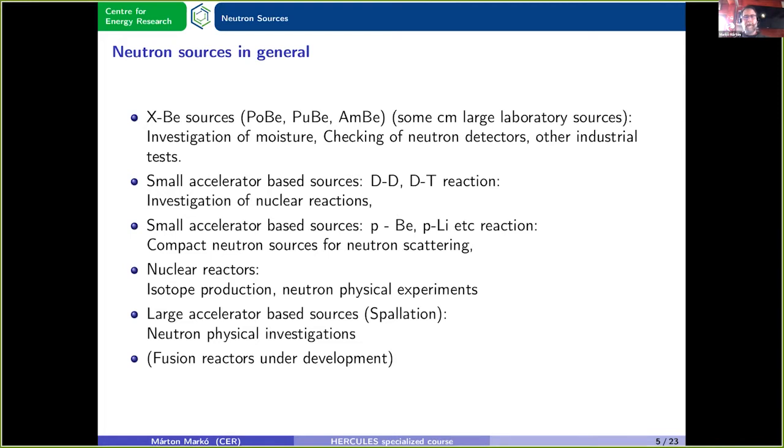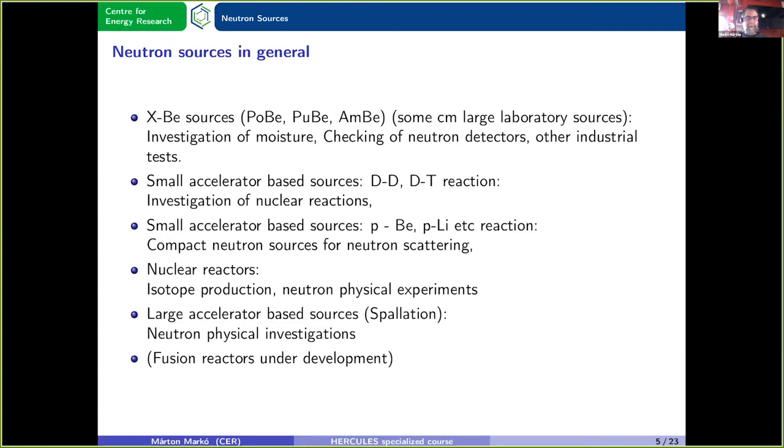In the future, I think it will be a large part of the neutron sources. And the bigger neutron sources are nuclear reactors and spallation sources, which are large accelerator-based sources.